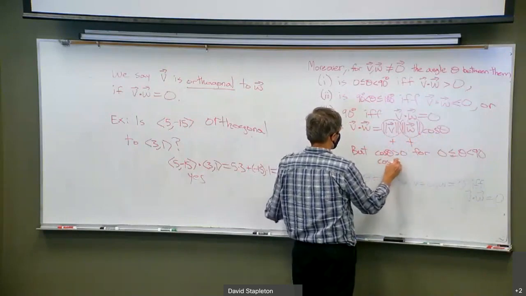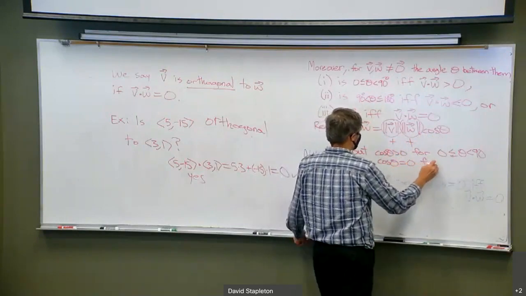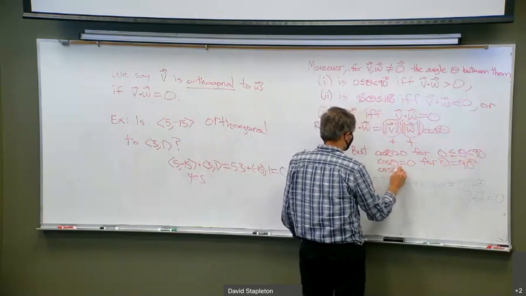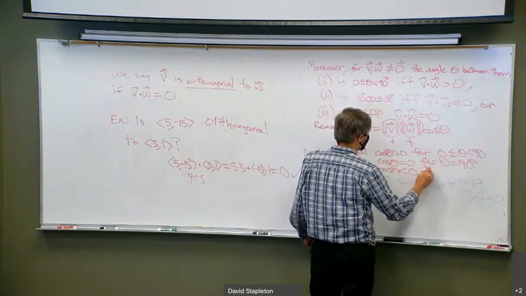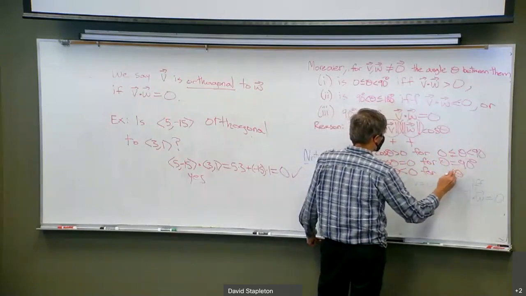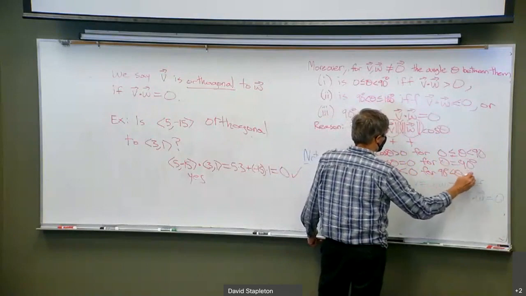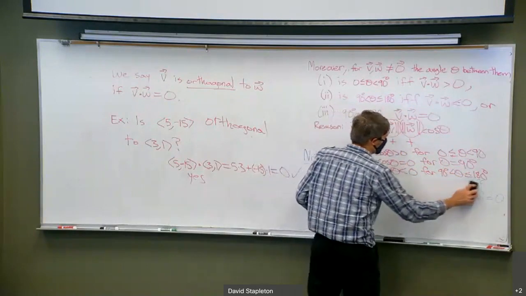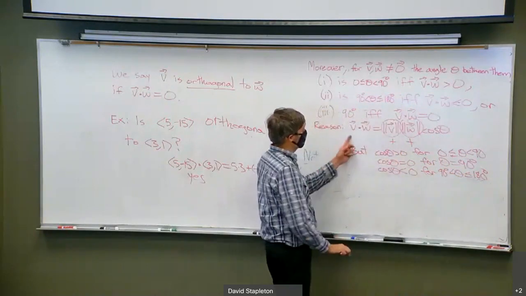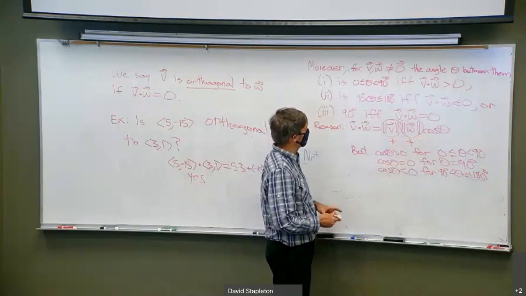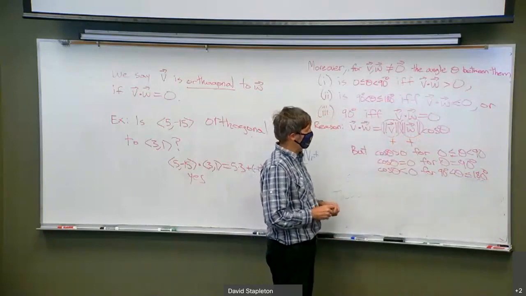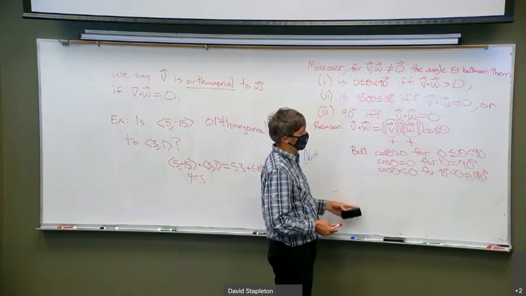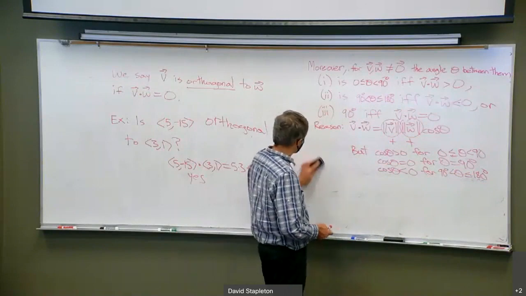Cosine theta, we already talked about, is 0 for theta equal to 90 degrees. And then cosine theta is less than 0 for theta between 90 degrees and 180 degrees, including 180 degrees. So that's the derivation. The sign of the dot product just depends on the cosine of the angle between them. Therefore, you get this result. So it's easy to tell if the angle between two rays is acute or obtuse or 90 degrees. You just take the dot product, and see whether it's positive or negative or 0.